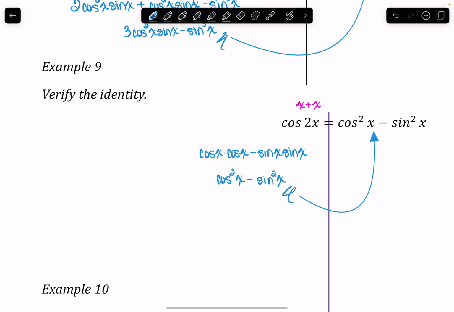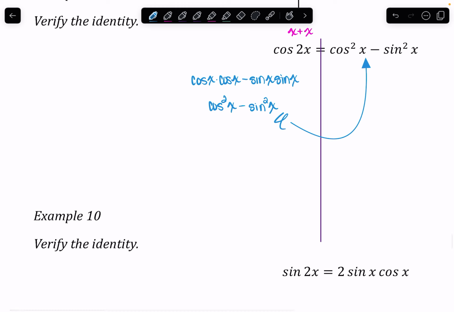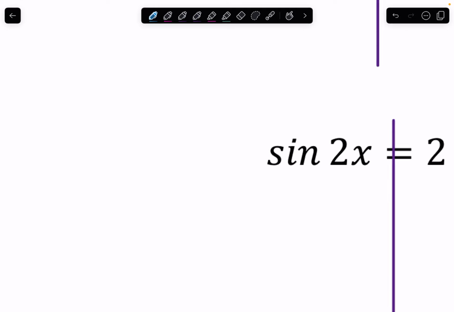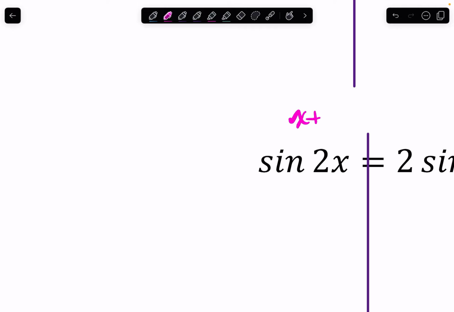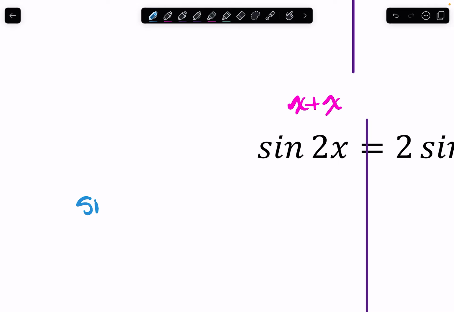And remember, you can actually just use the composite. Next one. Sine 2x. Same process, 2x is x plus x. So sine shares, sine first angle times cosine second angle.